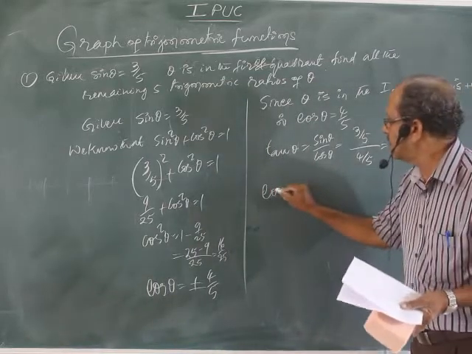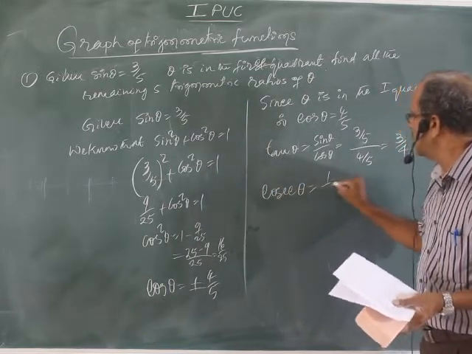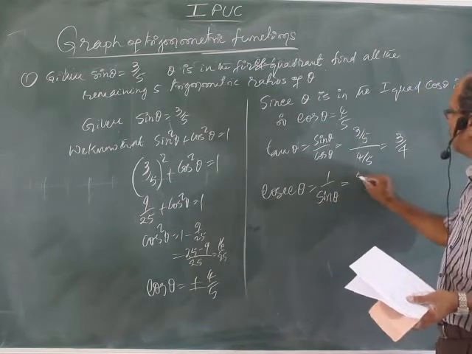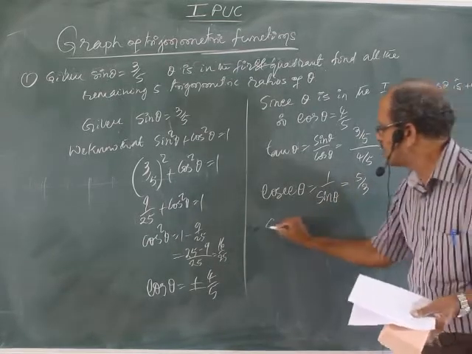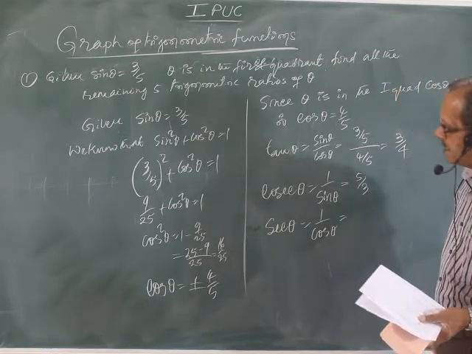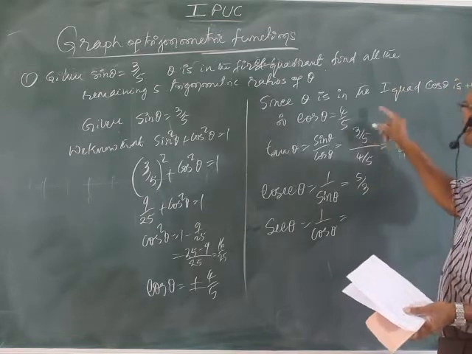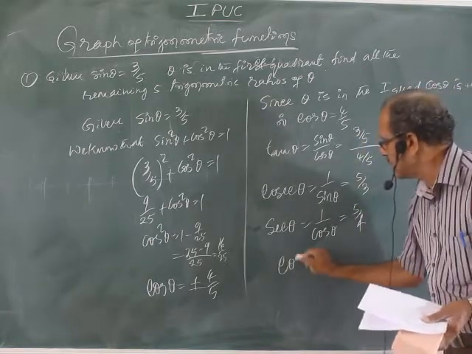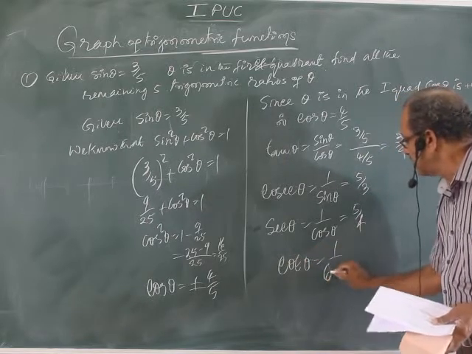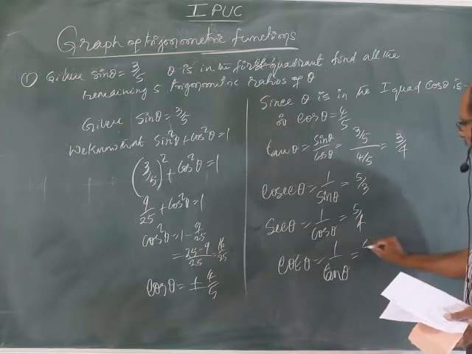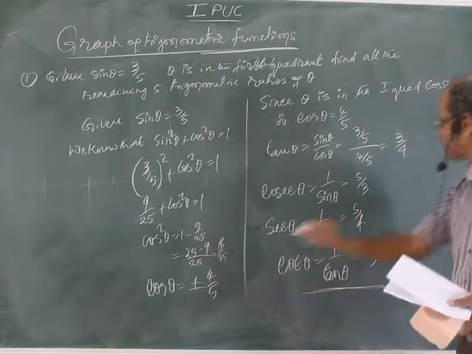Write all the remaining. Cosecant theta, the reciprocal of sin, equal to 5 by 3. Secant theta, reciprocal of cos, is 5 by 4. Cot theta, reciprocal of tan, is 4 by 3. Over.